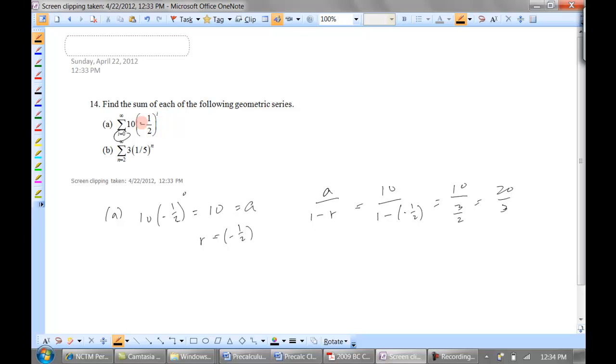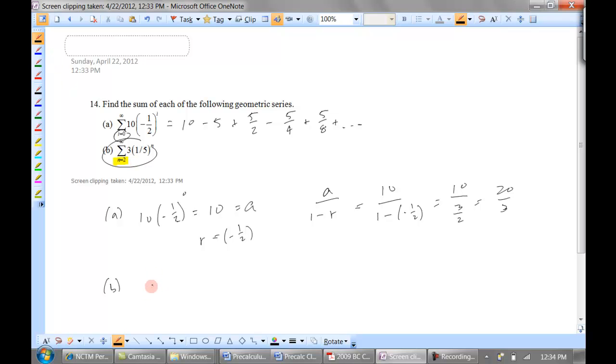And if you wanted to, you could actually write out the first few terms of this, right? We'd get 10, then times -1/2 would be -5, then plus 5/2, then minus 5/4, then plus 5/8, and this would be getting closer and closer to 20/3. Okay. If you take a look at B, this one's interesting because I start with n equals 2.